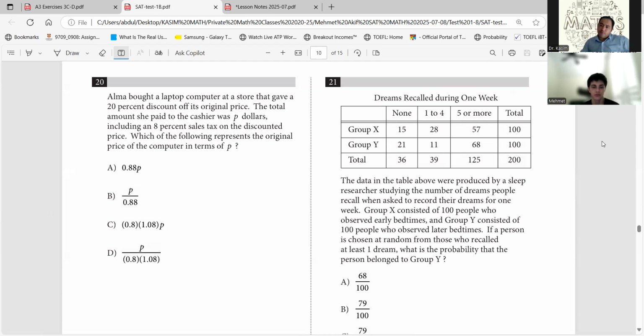First, you can say in your notebook, then you should write it. Is it A? Which one? A. Why? Wait, the original price? It says, which of the following represents the original price of the computer in terms of P? Oh, the original price. Okay.